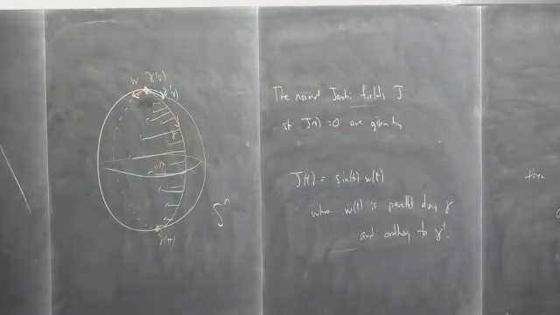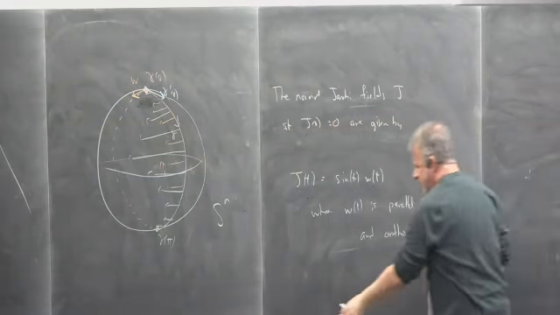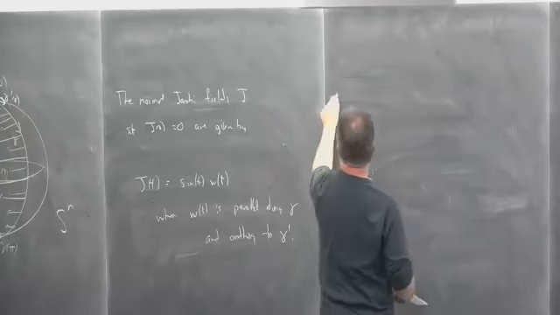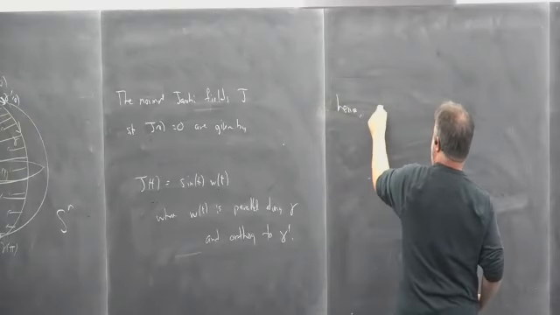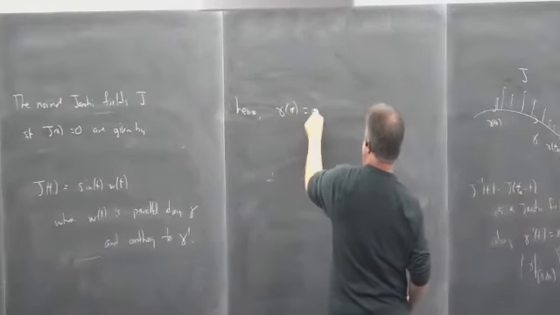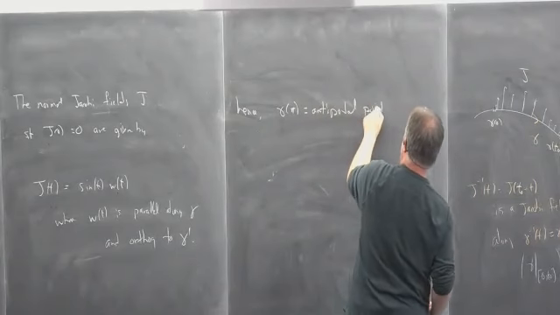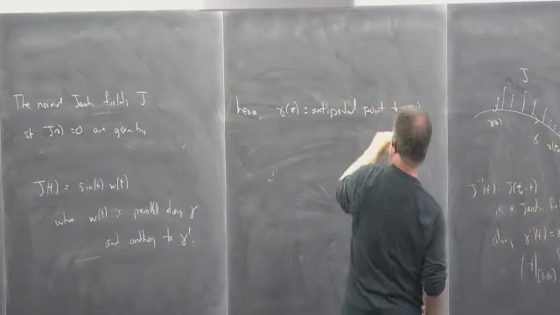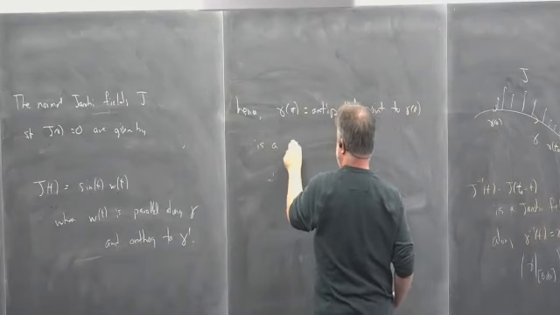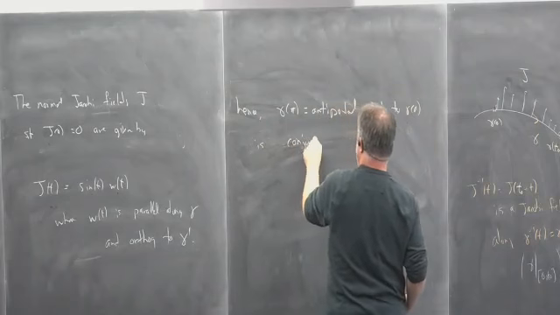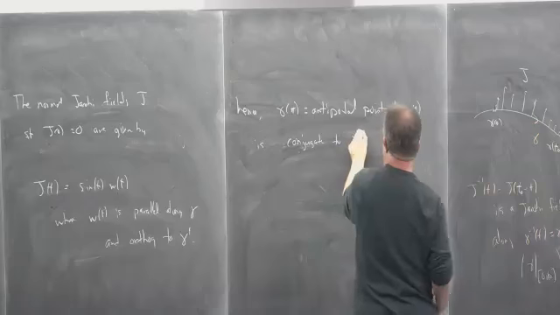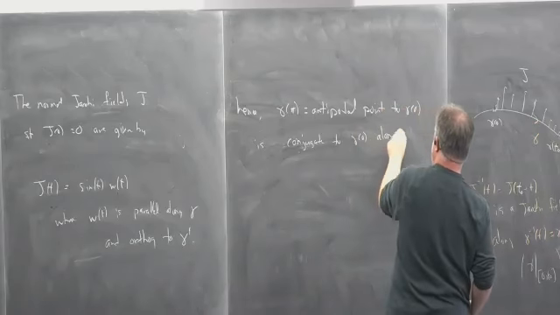When it gets to time 2 pi, it's back to the same point again. So hence, gamma of pi, which is the antipodal point to gamma of 0, is conjugate to gamma of 0 along gamma.